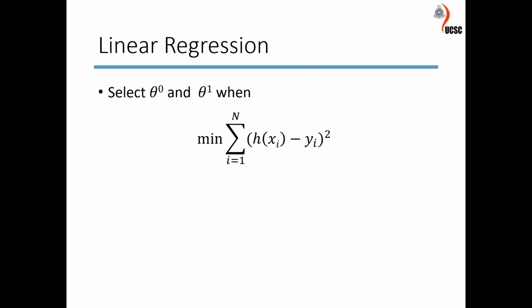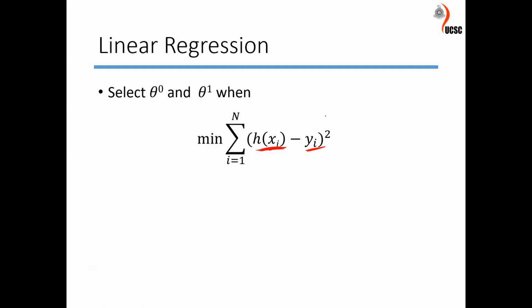So when you're selecting this theta naught and theta 1, here we have our value that we get from the hypothesis, and this is our real value. So this is our hypothesis value, then this is our real value.